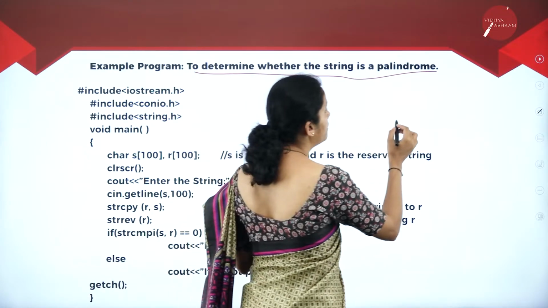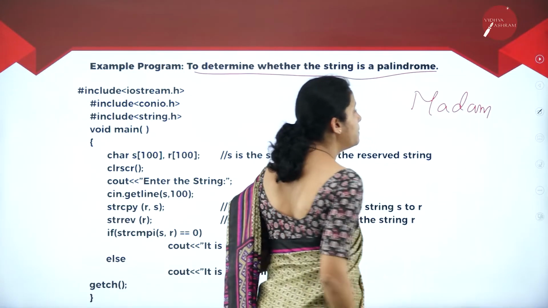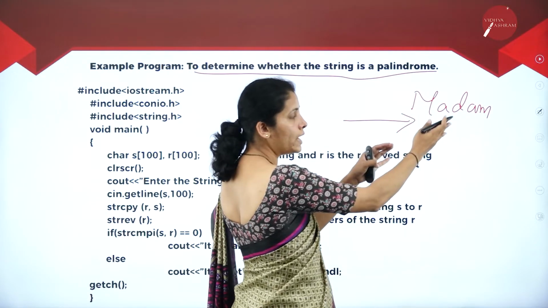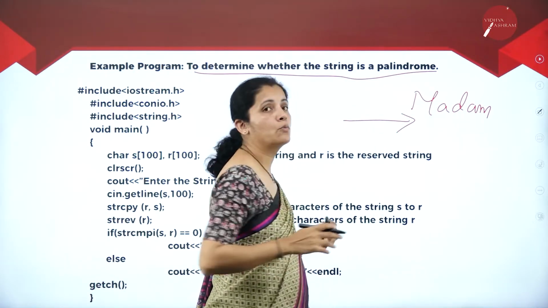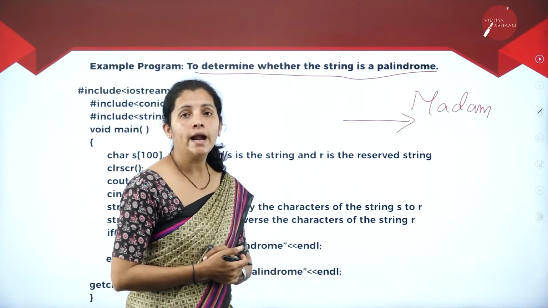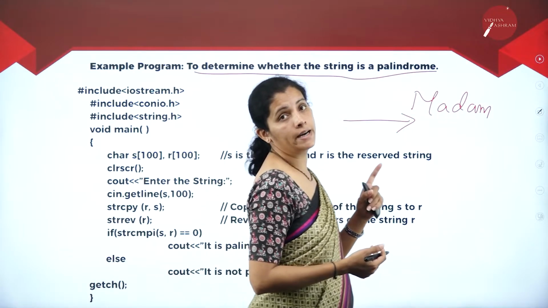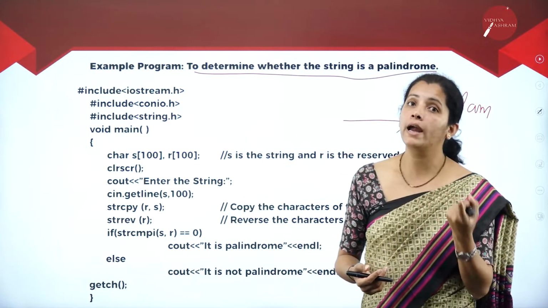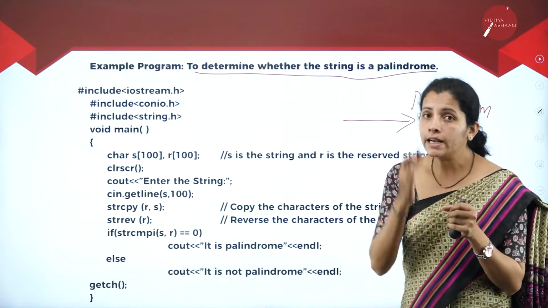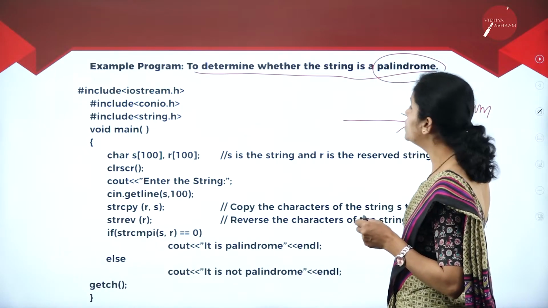For example, if I consider madam, and if I start reading from left to right or right to left, I'm going to get the word madam. And if I consider Malayalam, once again, if I start reading from left to right or right to left, I'm going to get the same string. And that kind of strings or words are called palindrome.